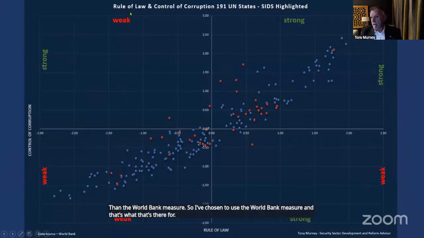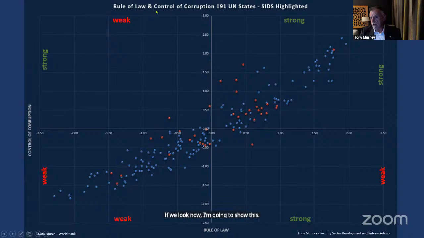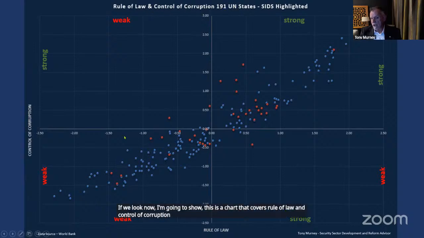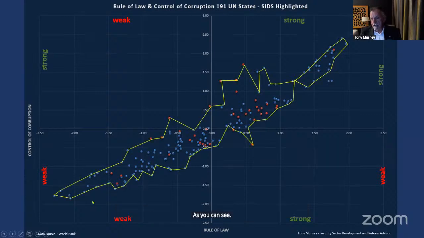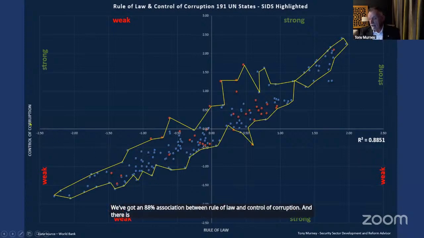If we look now, I'm going to show this. This is a chart that covers rule of law and control of corruption for 191 UN states. As you can see, we've got a fairly similar pattern starting to emerge again. We've got an 88% association between rule of law and control of corruption, and there is a 99% association between control of corruption and perceptions of corruption.